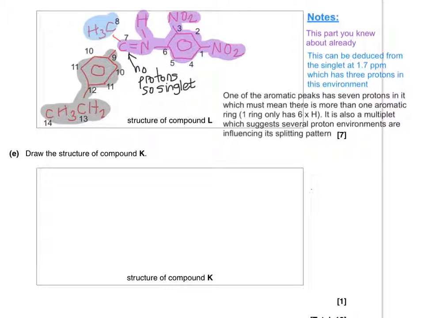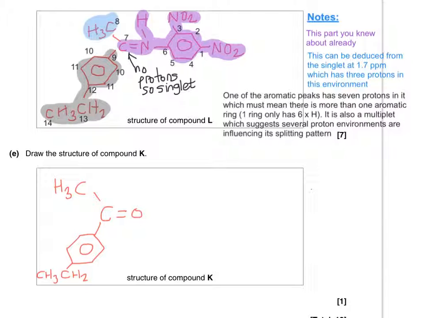You take the carbon number 7, if you look carefully at the top, and then you take the purple part off and just put a carbon double bond oxygen instead. That's it. So there were ECF points, error carried forward points, available here, even if you didn't get compound L correct. If you did the correct working backwards to what compound K might be like, and doing that deduction that we just looked at, then that should be fine.